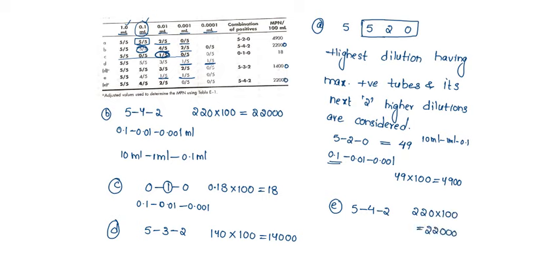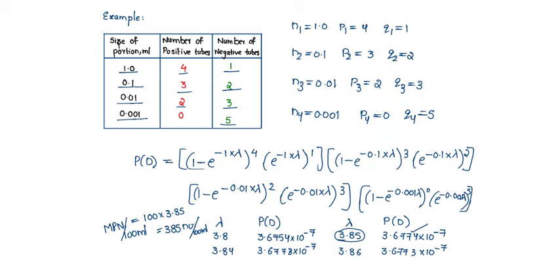For our example, the number of positive samples are 4, 3, 2 and 0. Using the table, excluding the 0 value and considering 4, 3, 2, our MPN from the table corresponding to 432 is 39 for standard dilution 10 ml, 1 ml and 0.1 ml.